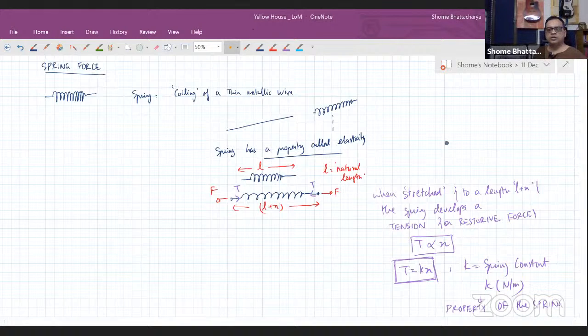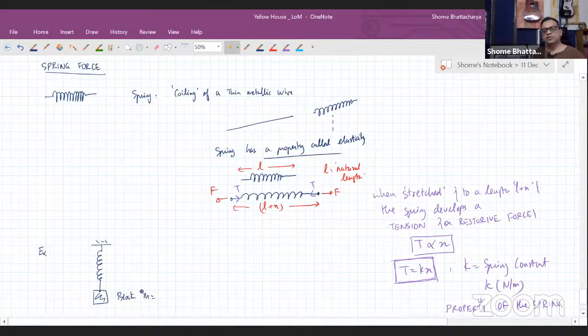So for example, if we have vertically suspended a block using a spring and it's in equilibrium, so a block of mass, let's say 10 kg, is vertically suspended using a spring of spring constant, let us say 25 newton per centimeter.